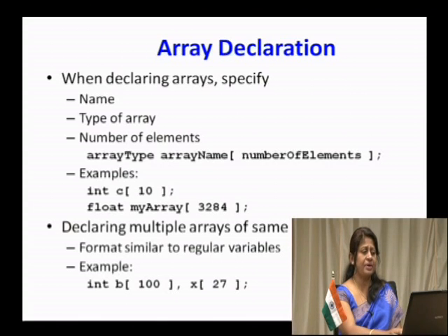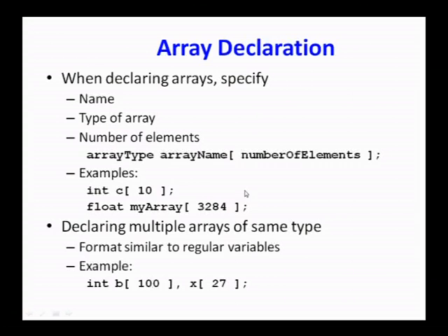So, this is what we are trying to see now: how the arrays are going to be declared. We have the name of the array, the type of the array, and the size of the array, or the number of elements in that particular array.